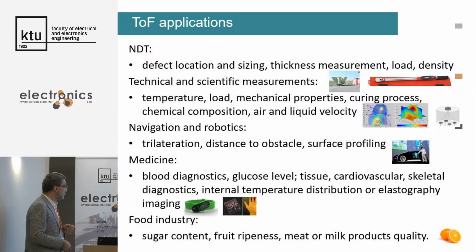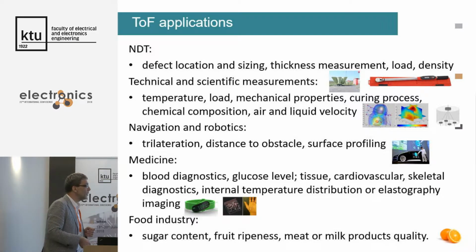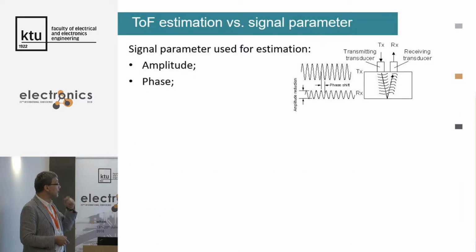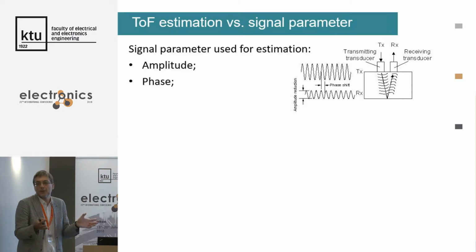And in the food industry, sugar content measurement, fruit ripeness, meat or milk products, quality monitoring, and so on and so on. When it comes to time of flight estimation, there are several techniques, and the simplest one is the amplitude, when you just measure the amplitude of the signal that has traveled, and because you know that the spherical front is squared, and of course if you know the amount of attenuation, then you can measure that.